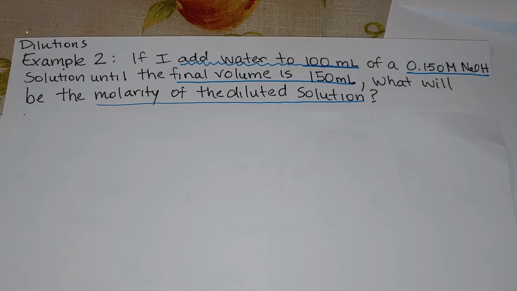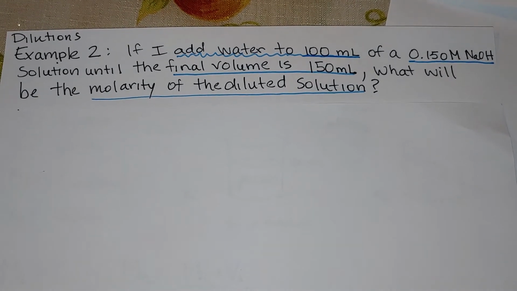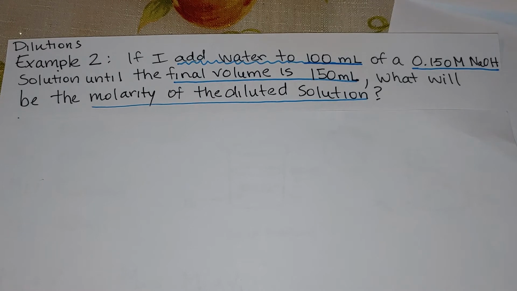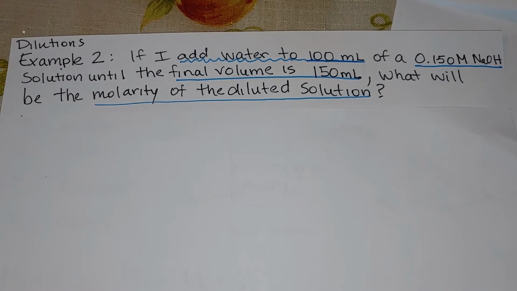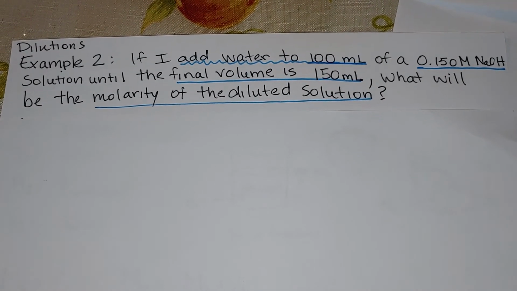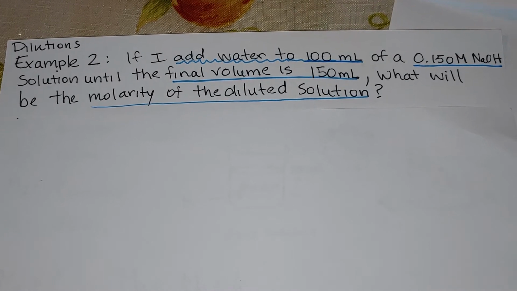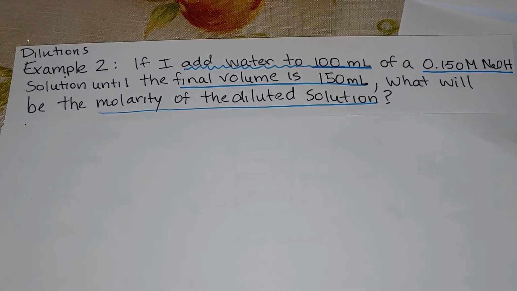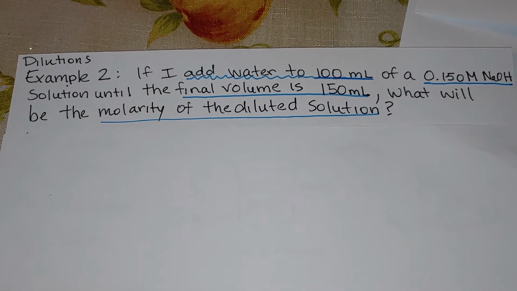For our second example, it says, if I add water to 100 milliliters of 0.150 molar sodium hydroxide solution until the final volume is 150 milliliters, what will be the molarity of the diluted solution?